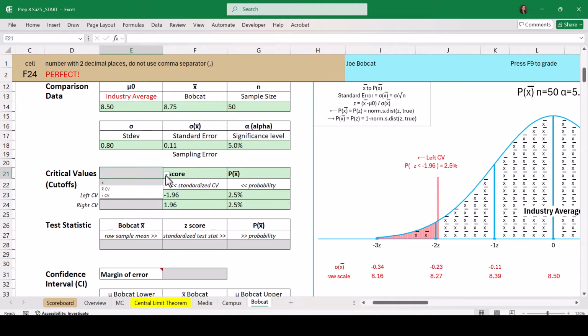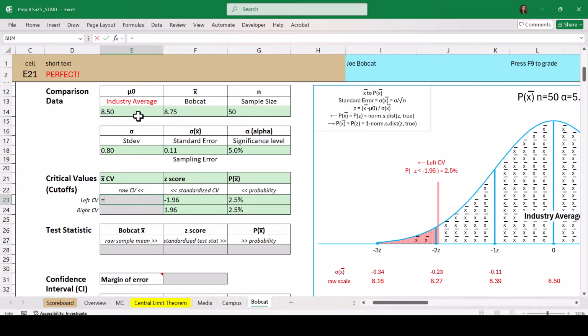All right, let's change our z-scores to raw critical values. So what is it in terms of actual units of measurement? So we take our population mean plus our standard error times the z-score. So the lower cutoff is 8.28. So if we observe a sample mean below 8.28, we'll say that Bobcat is lower than the industry average.